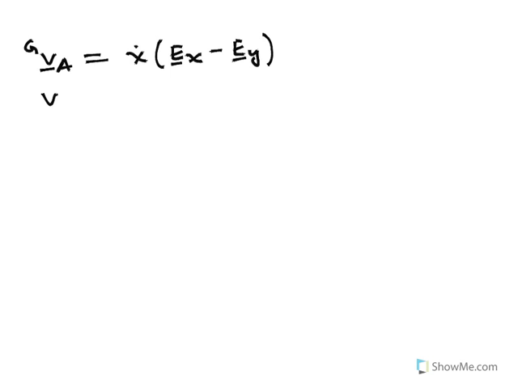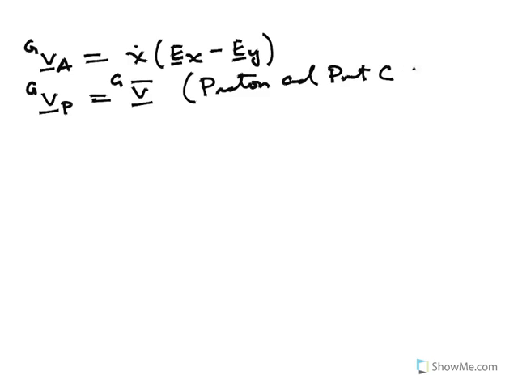So now, what's the velocity of the piston as viewed by an observer fixed to the ground? Well, that's the same as the velocity of the center of mass, because the piston and point C are moving with the same velocity.